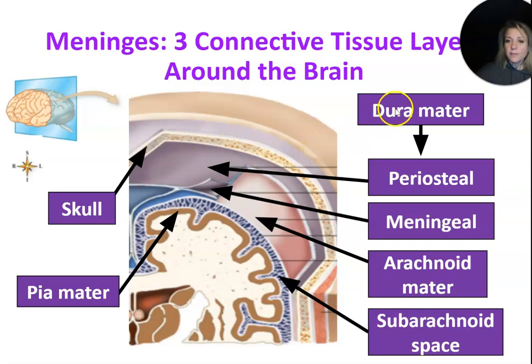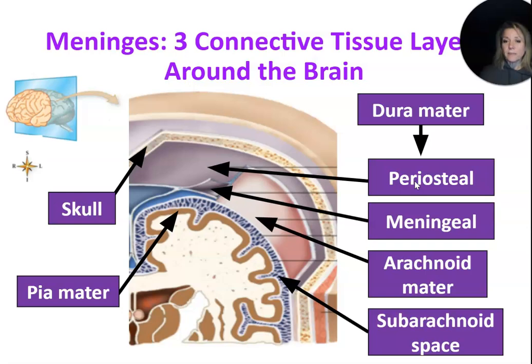And then we have the dura mater, which consists of two layers. The first layer is the periosteal layer. So we have a layer of the dura mater that is actually lining the inside of the skull. And then deep to that, we have the meningeal dura mater, or the meningeal layer of the dura mater. Deep to that, we have the arachnoid mater and then the subarachnoid space.